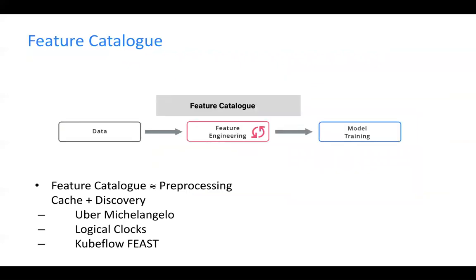If we are talking about features, another very powerful tool is to have a so-called feature catalog, or also called a feature store in some systems. And as mentioned, probably 60, 70, 80% of your data scientist's time will be spent on feature engineering, extracting features.